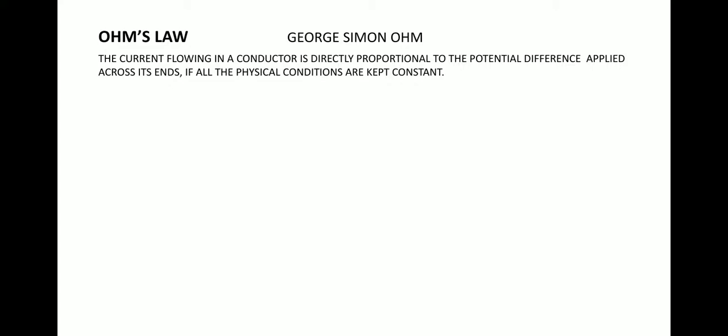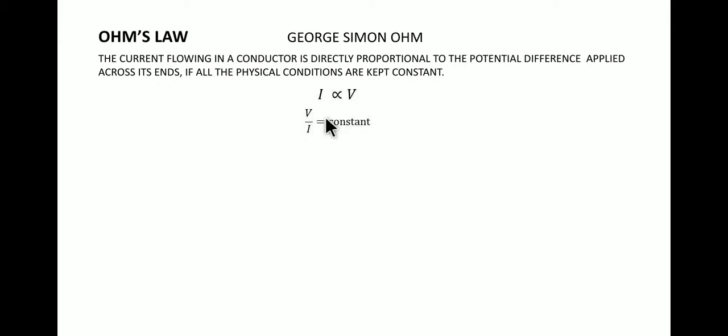So mathematically we write it as I being proportional to V. And you know that whenever we replace the proportionality sign by equals to, we have to introduce some constant.